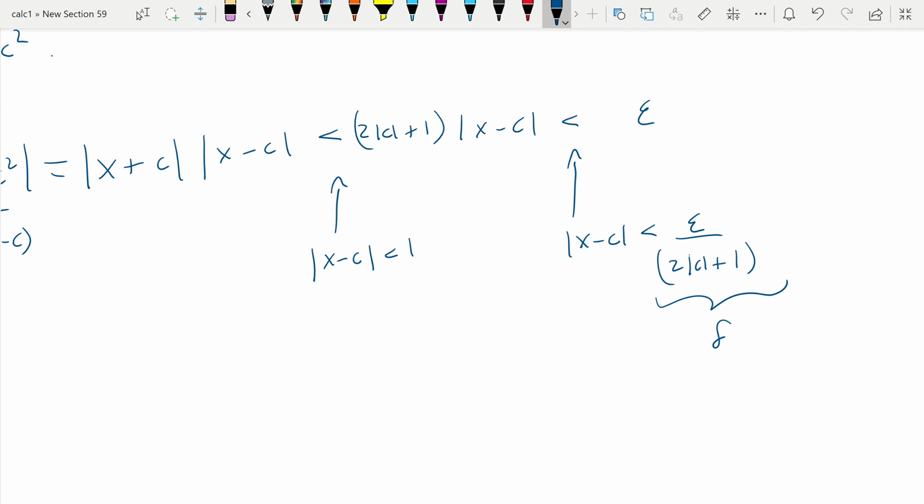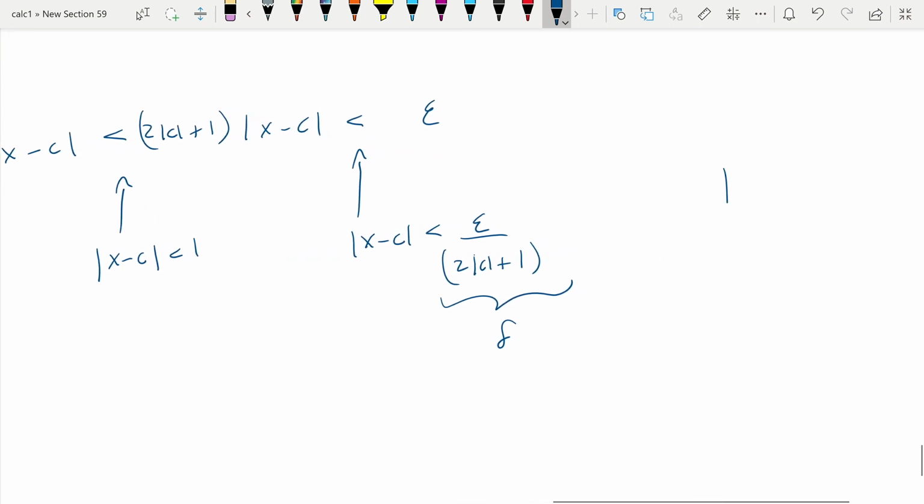If the function is increasing, then for higher values the function is changing more rapidly, so you need to make the neighborhood smaller. So the value of delta has to be made smaller for the same epsilon. For the same values of epsilon, for different points, you may need to adjust the delta. And of course, it has to depend on the point.